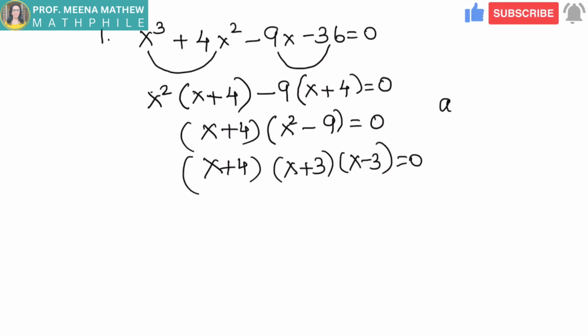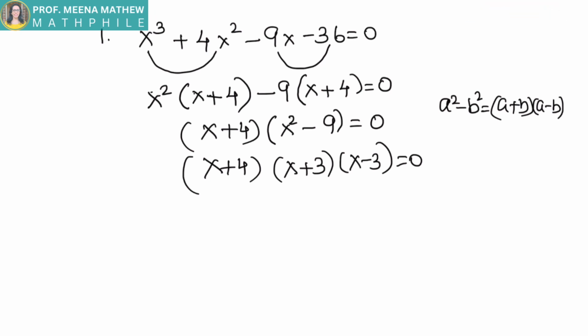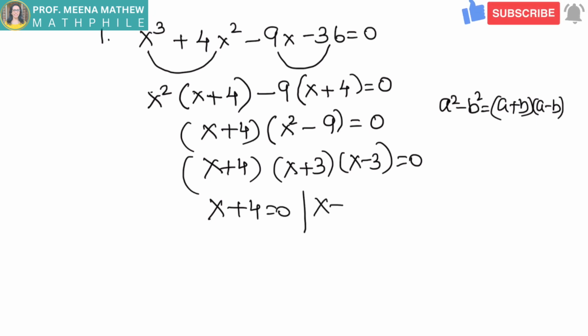This is of the format a square minus b square equals a plus b times a minus b. So now this polynomial is a product of x plus 4, x plus 3, x minus 3 equals 0. So x plus 4 equals 0 or x plus 3 equals 0 or x minus 3 equals 0.